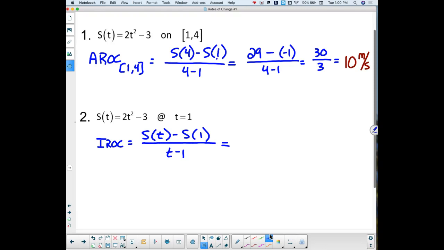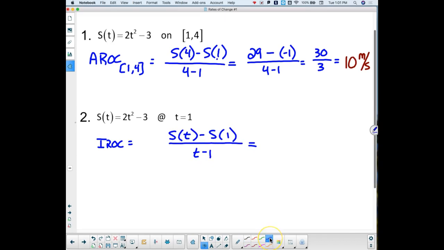We want the limit of that as t goes to 1.